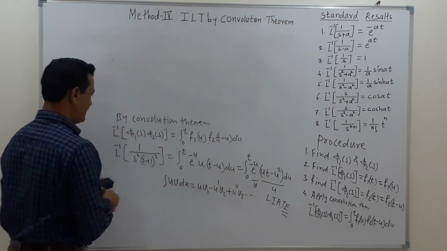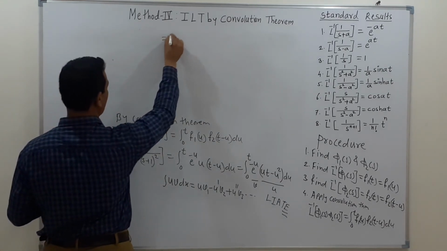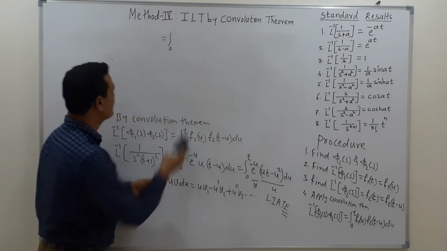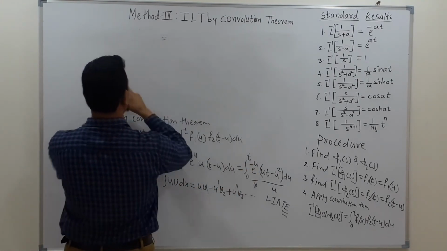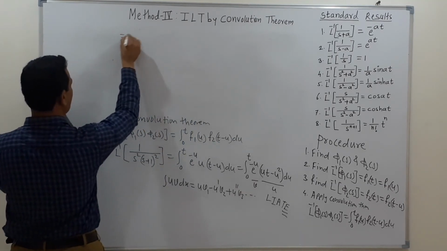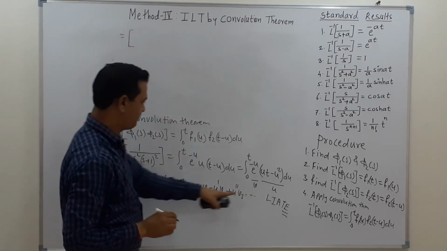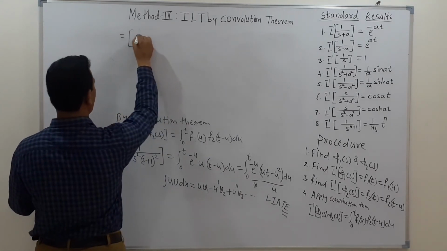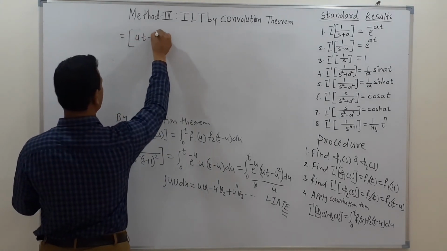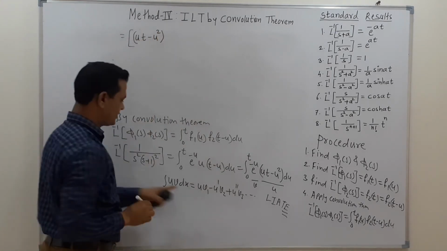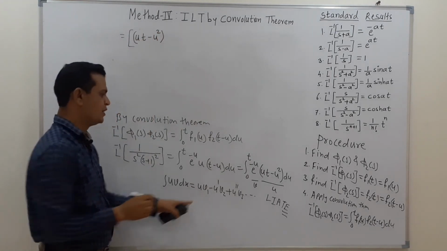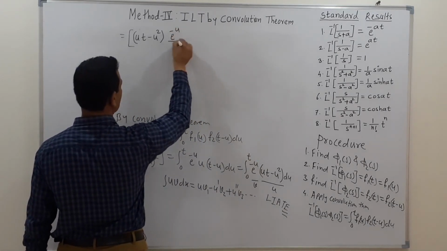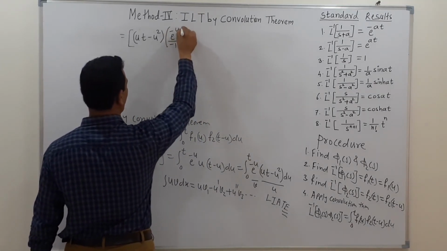So now the next step is integration. We are finding the integration after applying the general rule. So we can directly write this step as, in bracket, the first term as it is, ut minus u square, first term as it is, then integration of second. So integration of e raised to minus u is e raised to minus u upon minus 1.